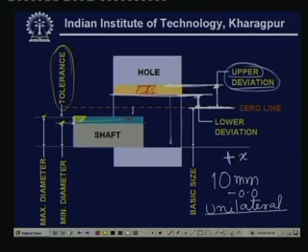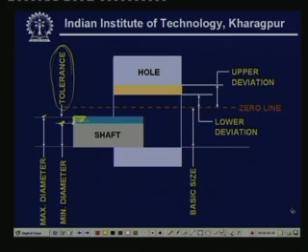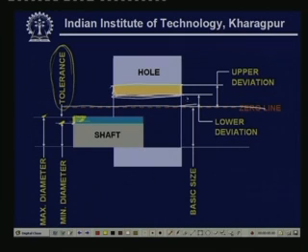If we look into the figure once again, then you understand what I mean to say. This is the line, this is the tolerance zone. So, this could be a fundamental deviation, or this is also sometimes referred to as a fundamental deviation.